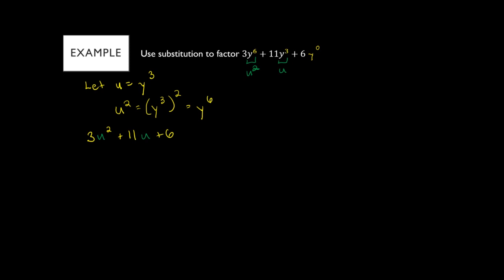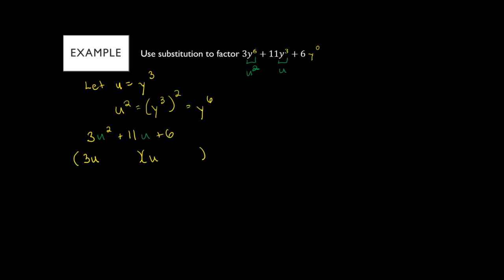But once you've determined that you can do this substitution, then we go through and we do our factoring and you do everything else. So we're going to factor this. And to multiply to 3u squared, 3 is prime, so that's going to be 3u and u.